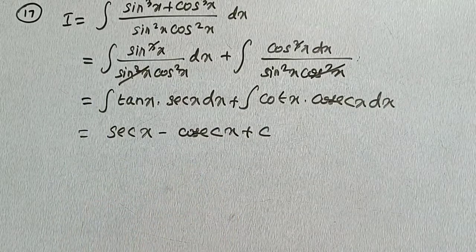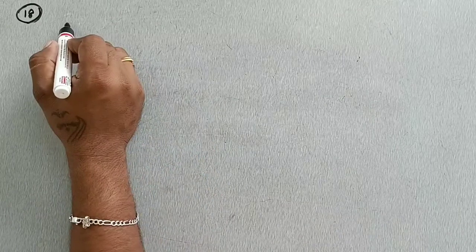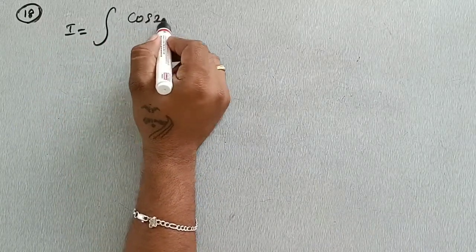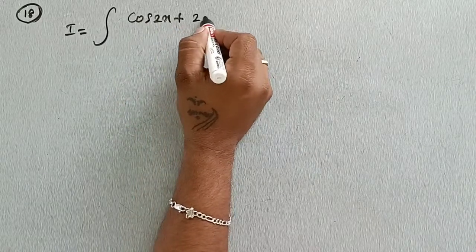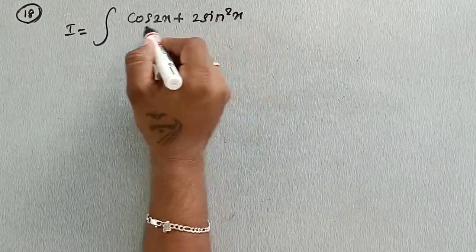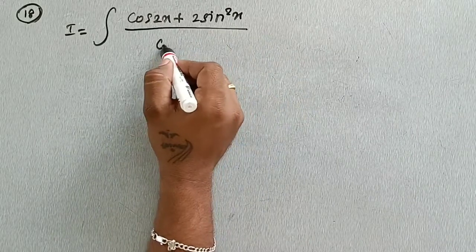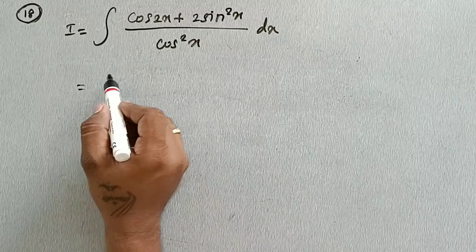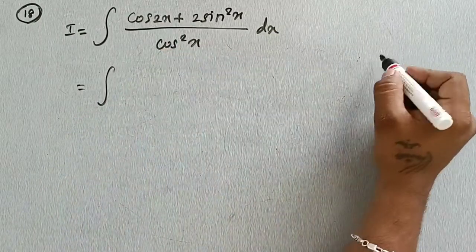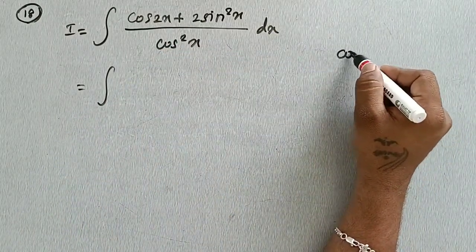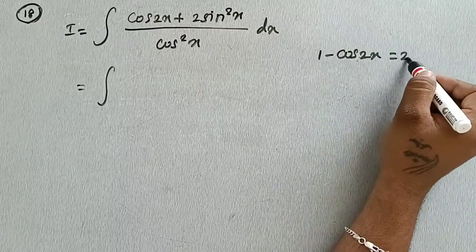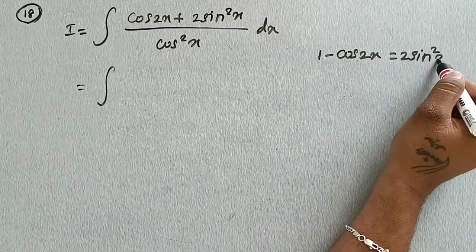Now come to question number 18. The 18th question is integral with numerator cos 2x plus 2 times sin square x divided by denominator cos square x dx. For the numerator I am going to use the formula: 1 minus cos 2x equal to 2 times sin square x.